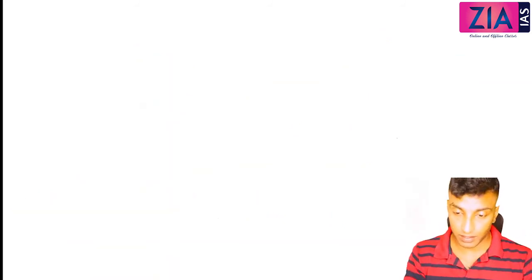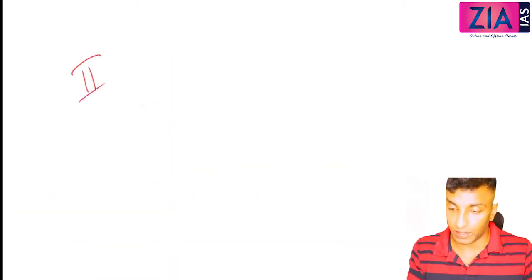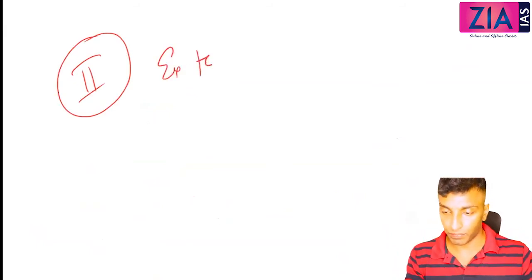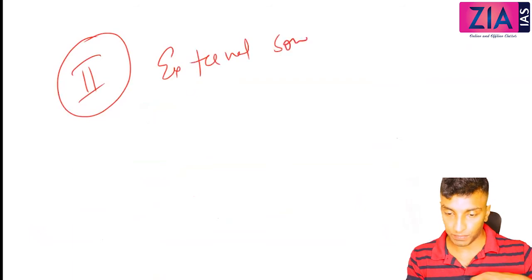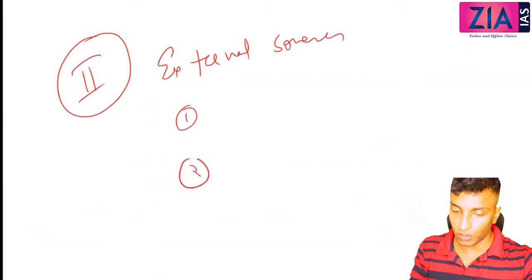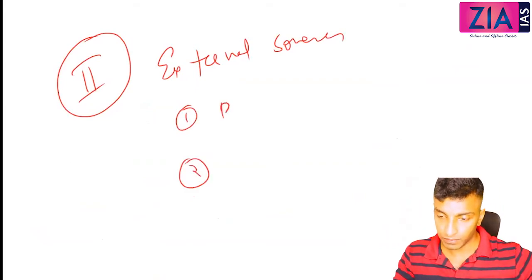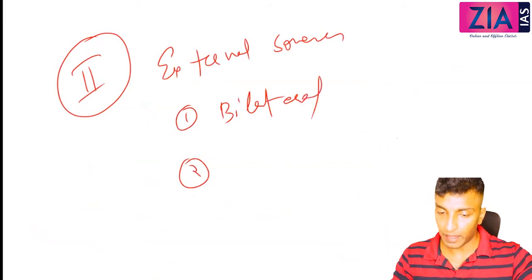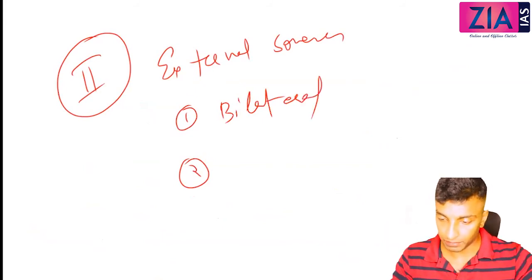Next point. So first one we have done, second one, internal sources we have done, now external sources. So external, again within that you can write two: bilateral and then multilateral.